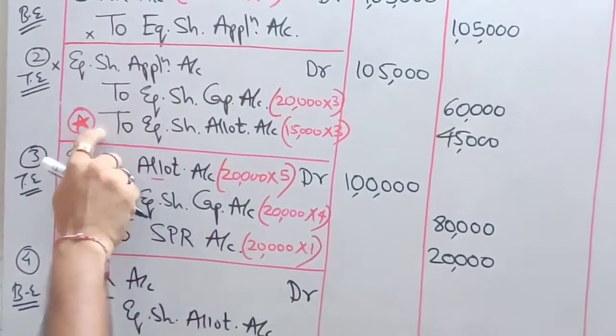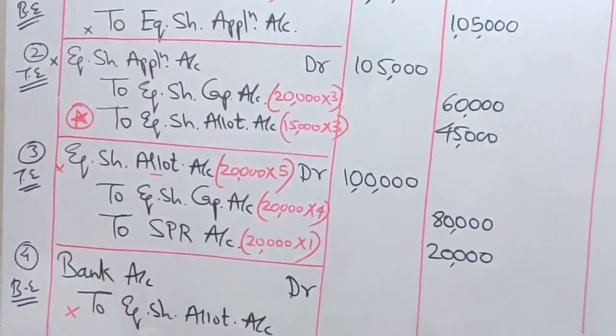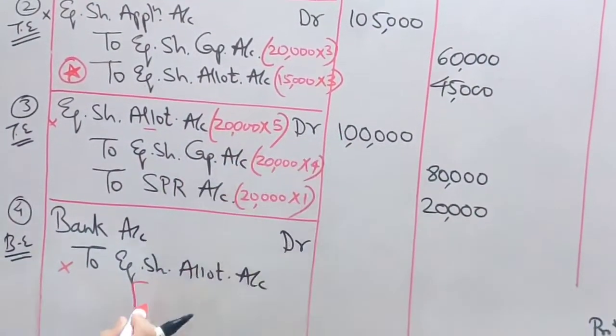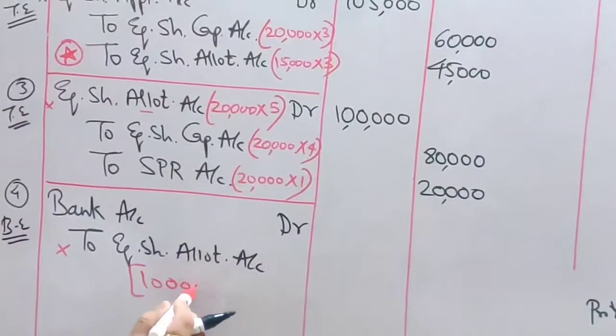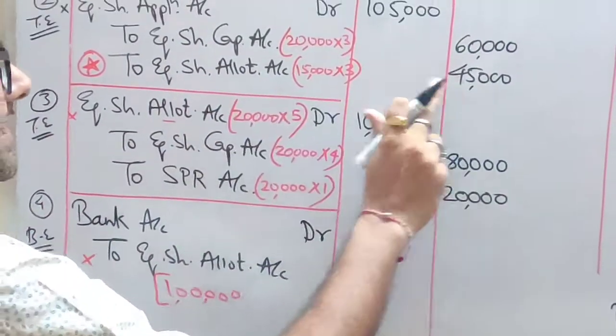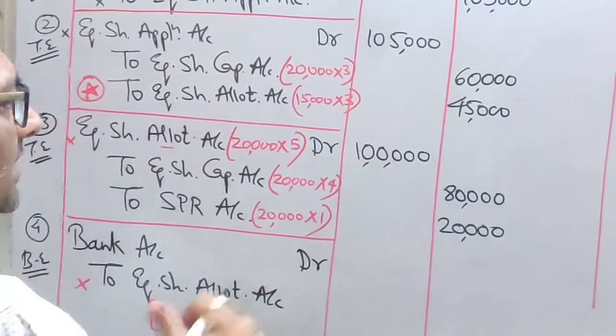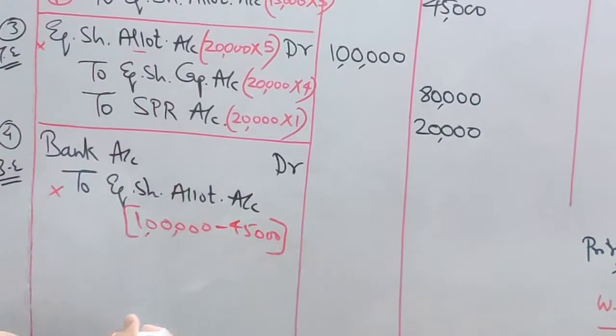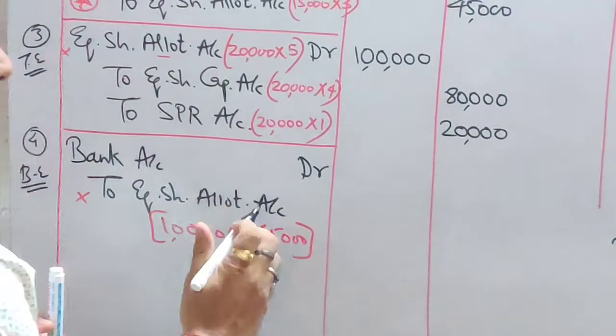You need to adjust this. So I am going to write in bracket how much you asked at the time of allotment. You asked for 1 lakh rupees. But you won't get 1 lakh. Why? Because there is excess money which we have to adjust. So minus 45,000. So how much are you going to receive then?